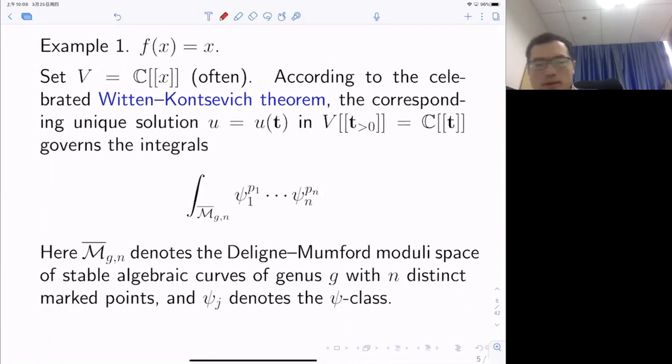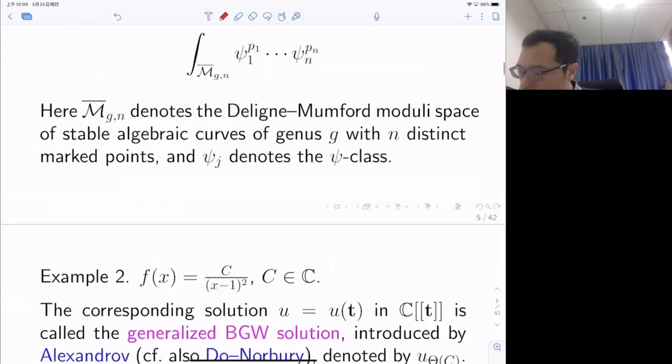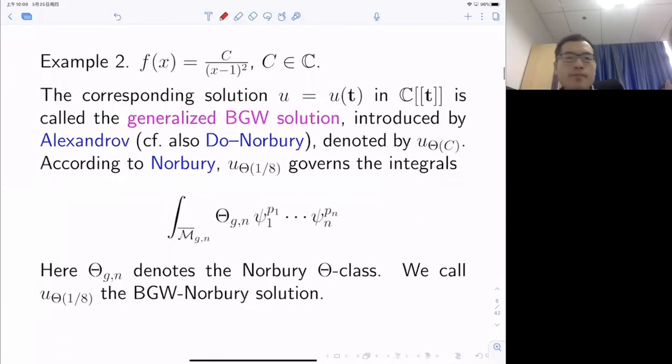Okay, so this is the first example. In the second example, we consider the initial data given by a rational function with one double pole.